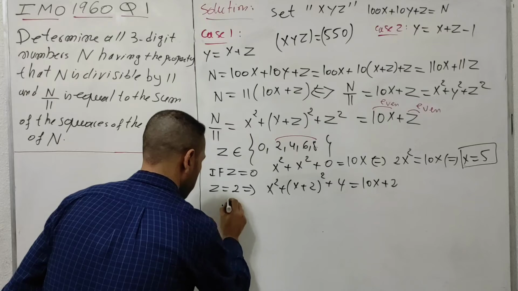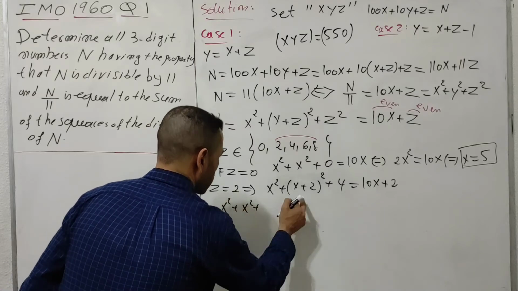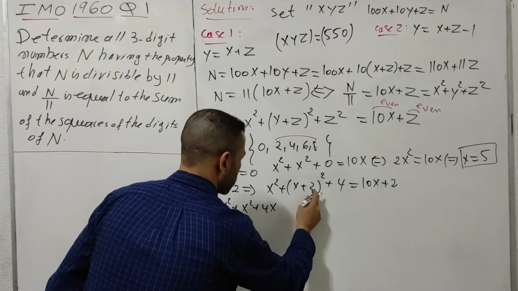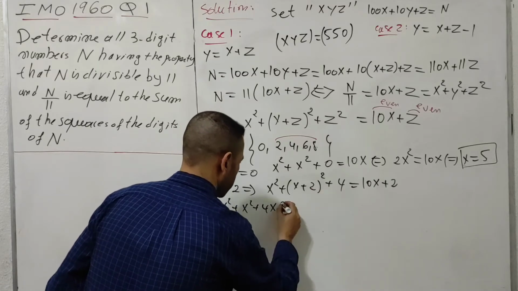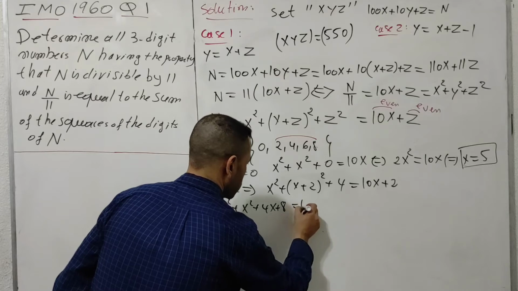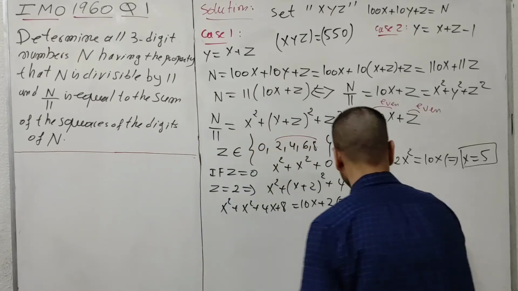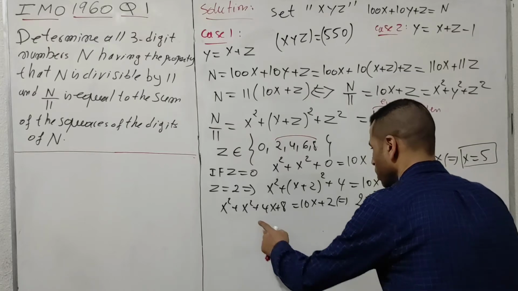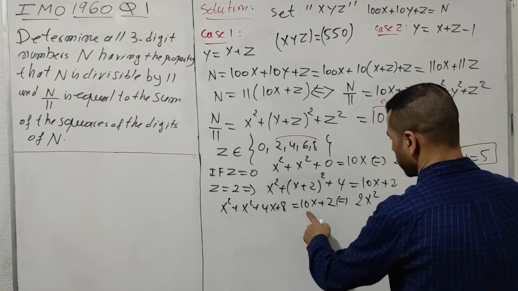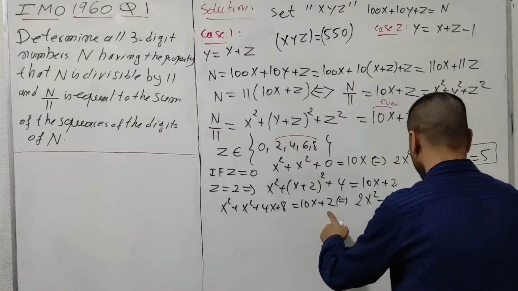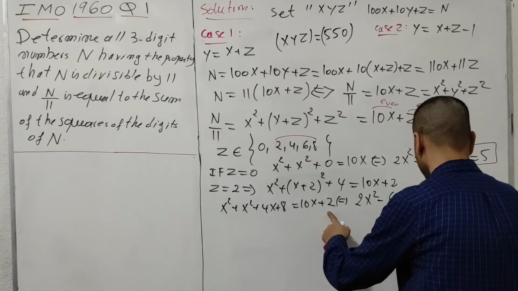I will get x squared plus x squared plus 4x plus 4, which is plus 8, equal 10x plus 2. It's equivalent. This one is giving us 2x squared plus 4x minus 10x, which is minus 6x, 8 minus 2, which is plus 6, equal to 0.